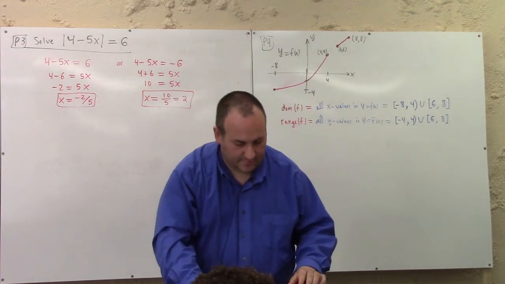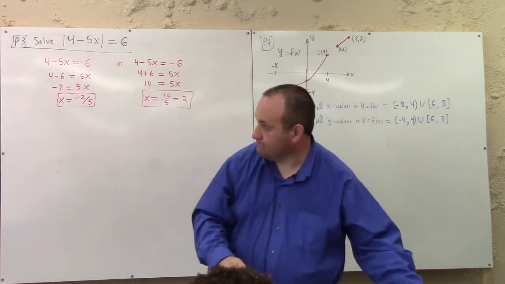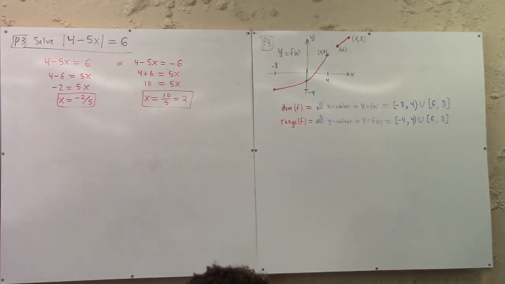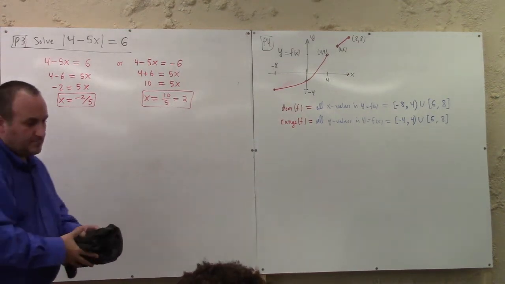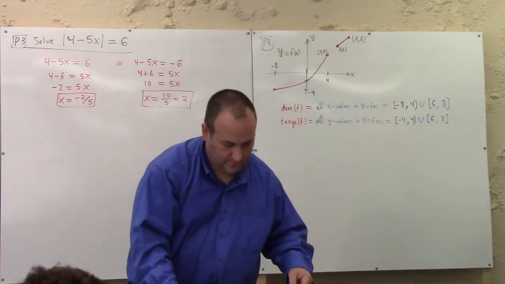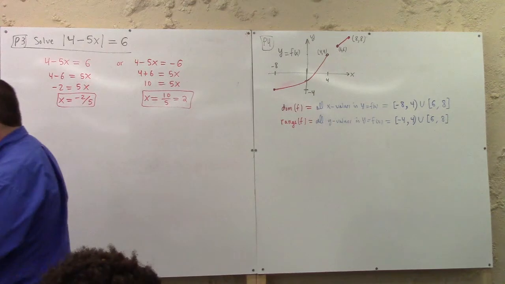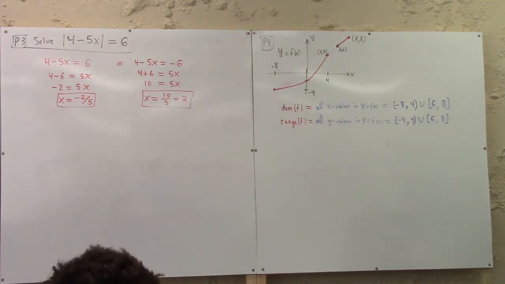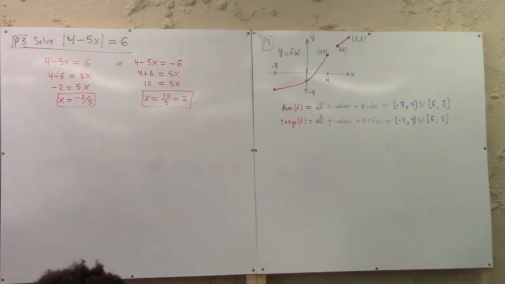The next problem on the test is a word problem. The perimeter of a playing field is 900 feet.